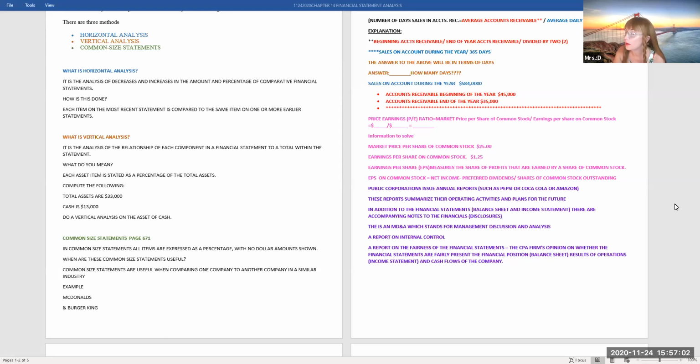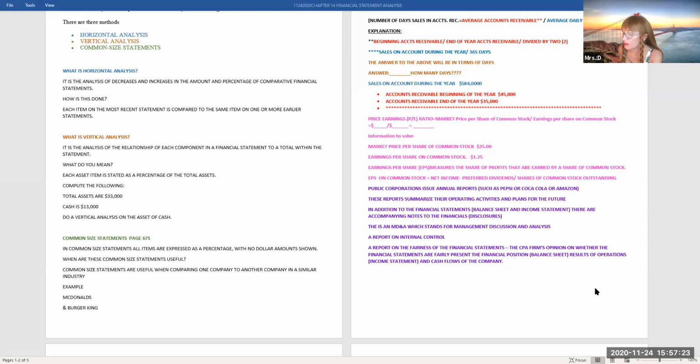They're traded publicly. These reports summarize their operating activities and their plans for the future. In addition, the financial statements, meaning the balance sheet and income statement, there are also accompanying notes to the financials.